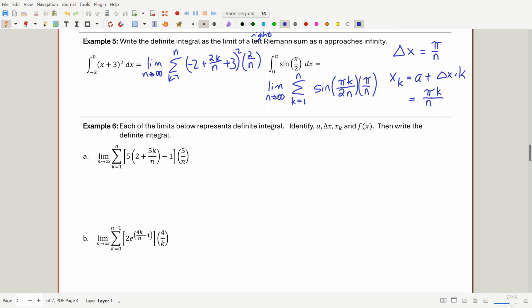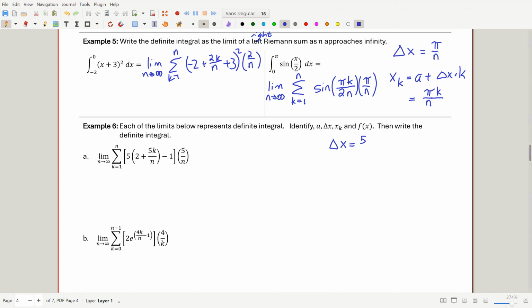Okay. All right, so next we're going to reverse this process. We want to identify a delta x, xk, and then f of x, and then we want to write the definite integral. So let's start with delta x. What's delta x? 5 over n.